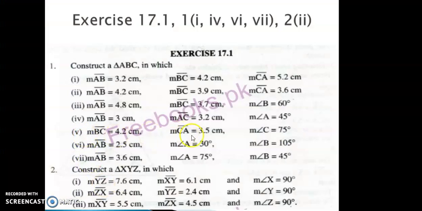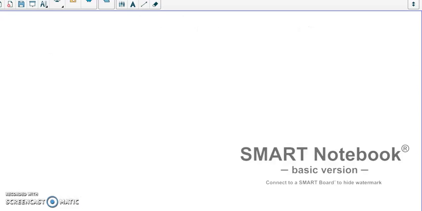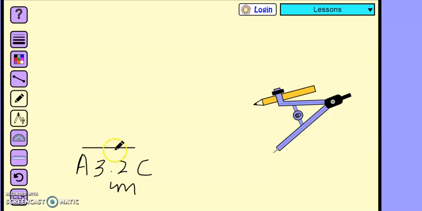Now AC is 3.2 centimeter and AB is 3 centimeter, and at vertex A you have to construct an angle of 45 degree. So we have learned how you will get 45 degree. You are going to bisect your angle of 90 degree. When you bisect your angle 90 degree, you will get your angle 45 degree. So first of all, you need to construct an angle of 90 degree at this vertex.